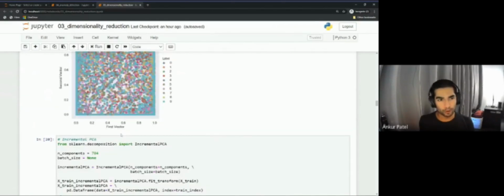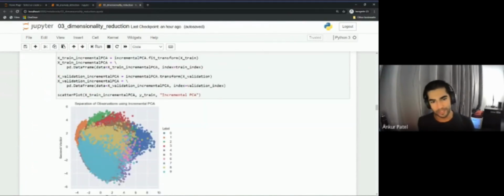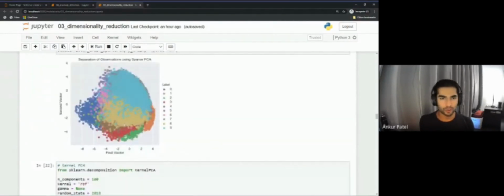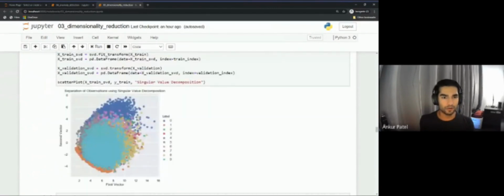The rest of this notebook goes through various other approaches of dimensional reduction that I mentioned in the PowerPoint presentation, the PDF file that I shared earlier. This is incremental PCA. You see a very similar result. Sparse PCA, you see a slightly different result, but again, very much mapped where you retain some of the inherent structure. This is kernel PCA, singular value decomposition, SVD, which is very similar to PCA.